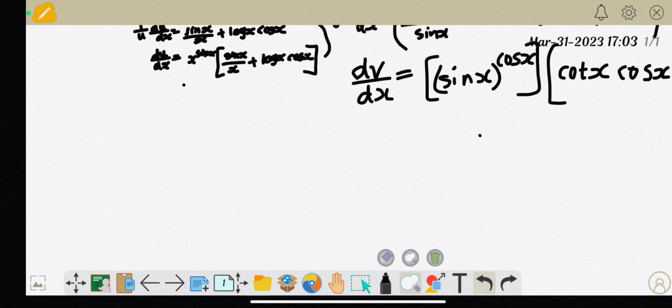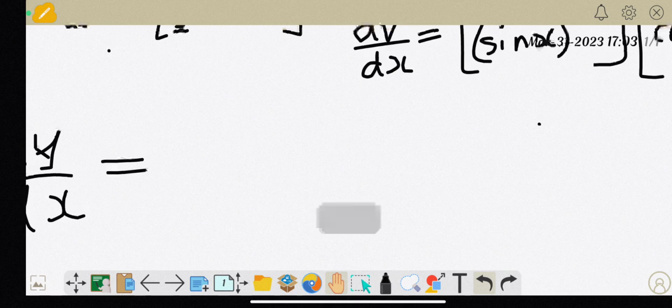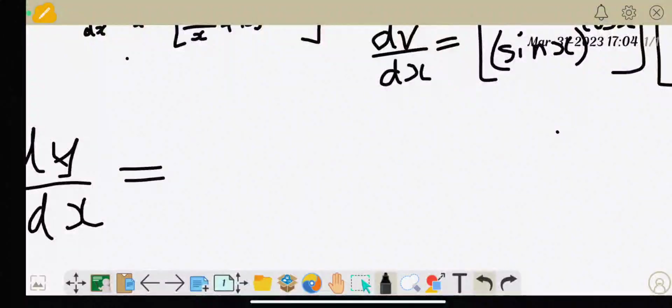So it will be dy by dx is equal to, so x to the power sin x into sin x by x plus log x into cos x.